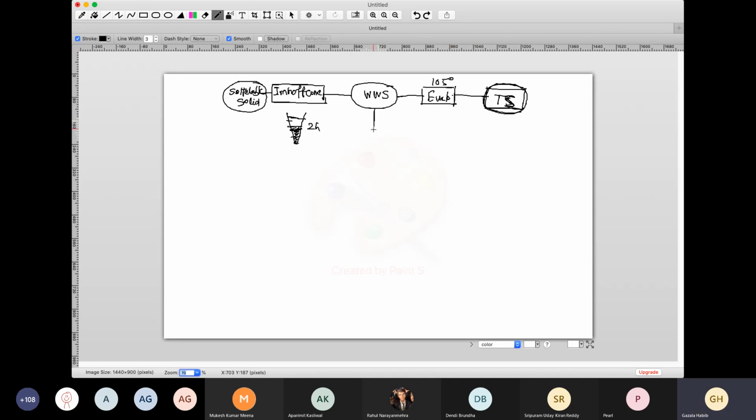Then, wastewater sample. Say I filter this sample through a glass fiber filter, GFF. Then there might be two possibilities. One is some solid will remain on the filter top, the mass on the filter.